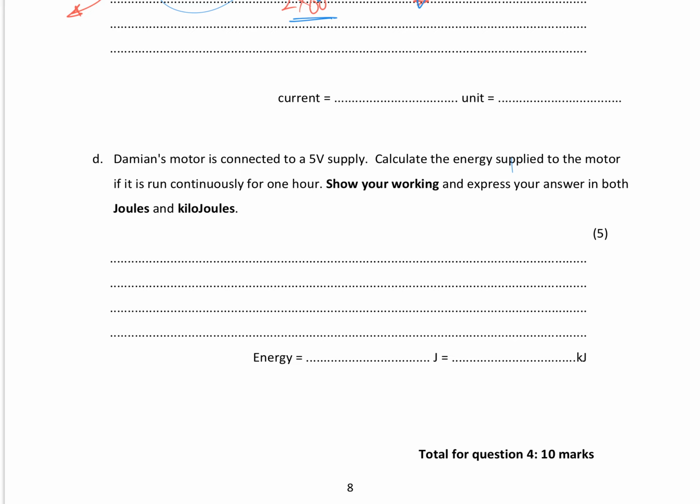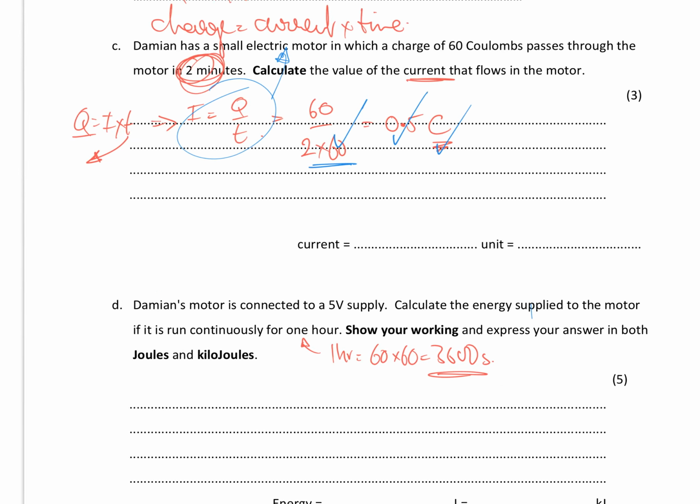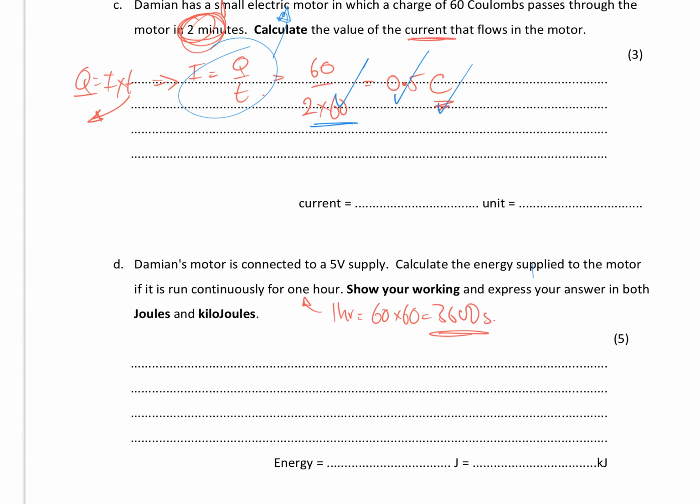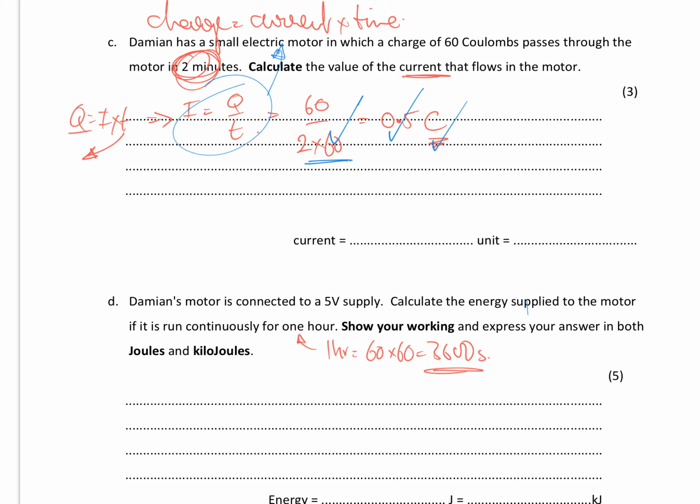Okay, the energy supplied to the motor this time: the energy supplied to the motor if it runs continuously for 1 hour. Okay, again, just quickly, we know 1 hour equals 60 minutes and 60 seconds, which is 3600 seconds. And I now know that it's asking for the energy supplied.